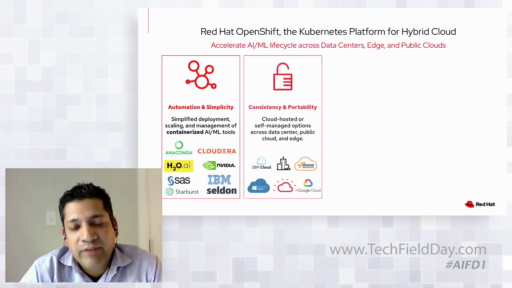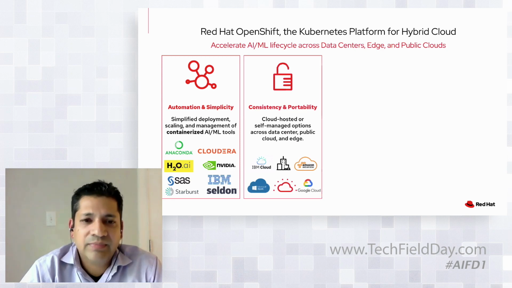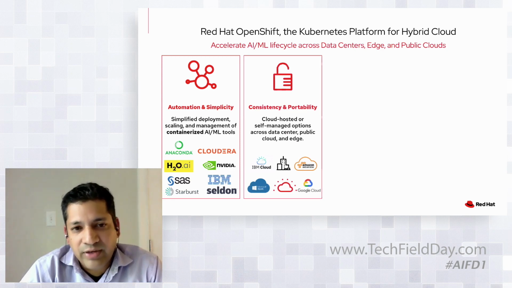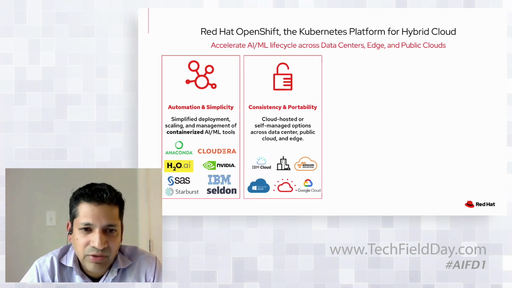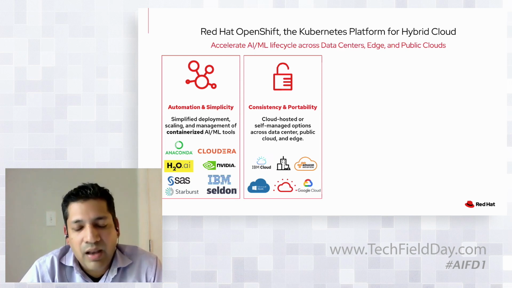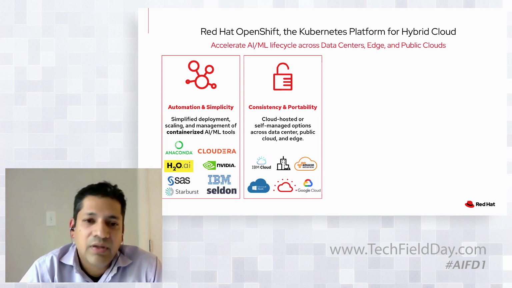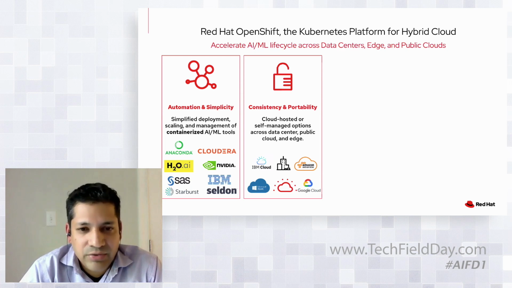And the next key value that we bring to the table is in terms of OpenShift, right? You have two options: the self-managed option as well as the cloud-hosted option that we have on all kinds of clouds. Depending on the choice of the customer, they can go with one of the options, and the value is also extensible to edge locations, where customers can build out a small OpenShift cluster at the edge, or even have a single node.